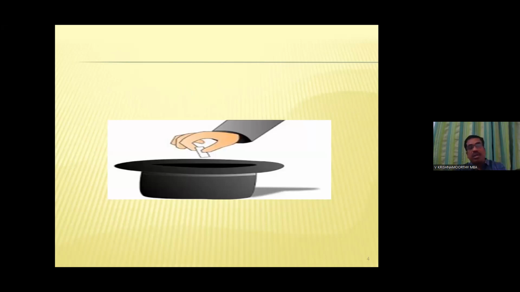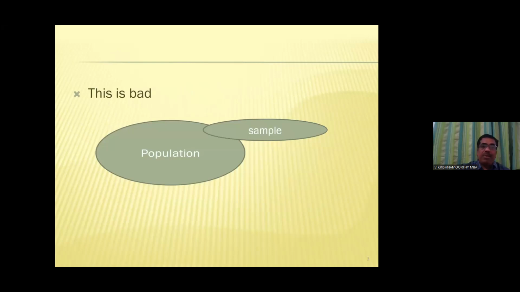So this picture demonstrates what is meant by sampling. Say for example, this is a population, and this is sampling. You have taken some sample from this population. This is not representative. That means you have not identified your sampling unit properly.